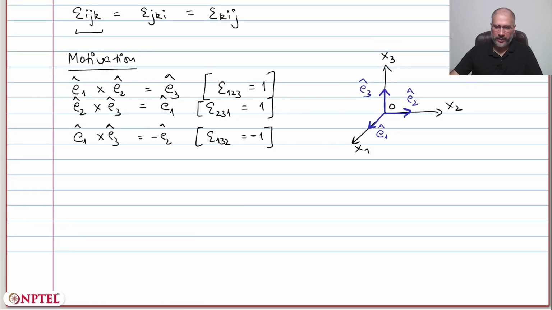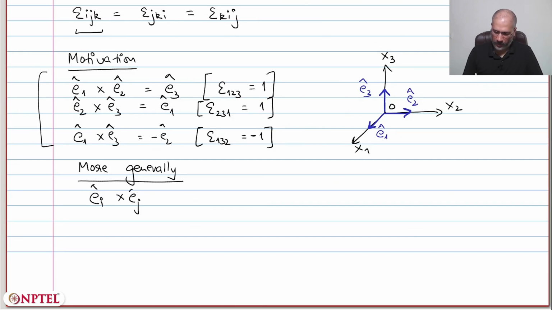After we have seen this pattern of indices, all this can actually be written more generally. So we'll say, more generally, I can say ei cross ej dotted with ek is equal to epsilon ijk.